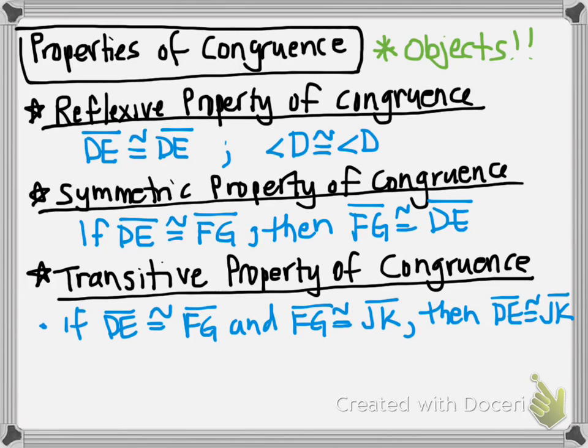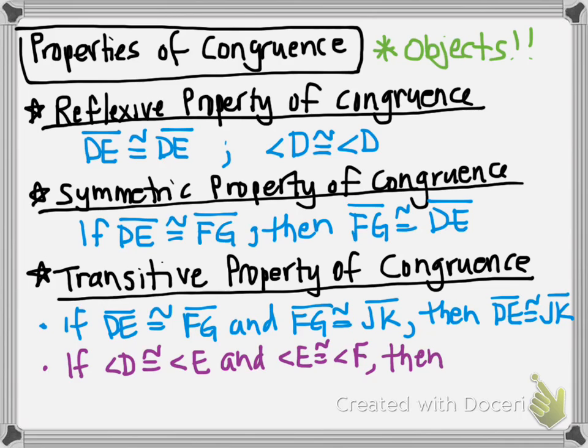And then we can also say this is true about angles. So if angle D is congruent to angle E and angle E is congruent to angle F, then angle D is congruent to angle F, because we have that overlap of angle E. Okay, so on the last slide, what I'm going to do is show you that properties can be used in proofs.